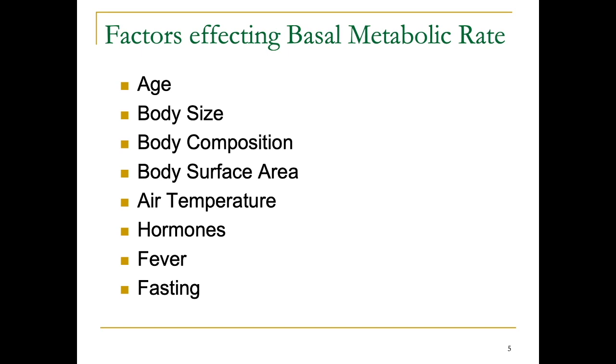Also, it can be affected by hormones. People with fevers generally have a faster metabolism because their body temperature is higher, so all of the reactions in their body occur quicker. And if you are fasting, your metabolism generally seeks to become more efficient and will burn fewer calories and therefore burn less fat in order to save energy.